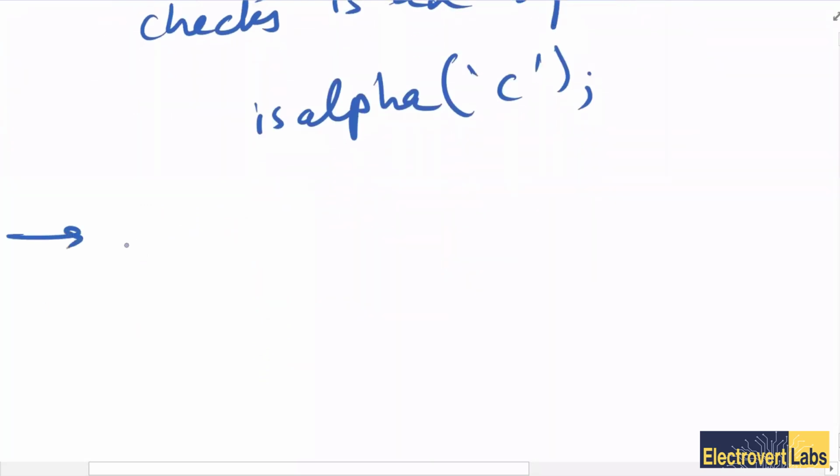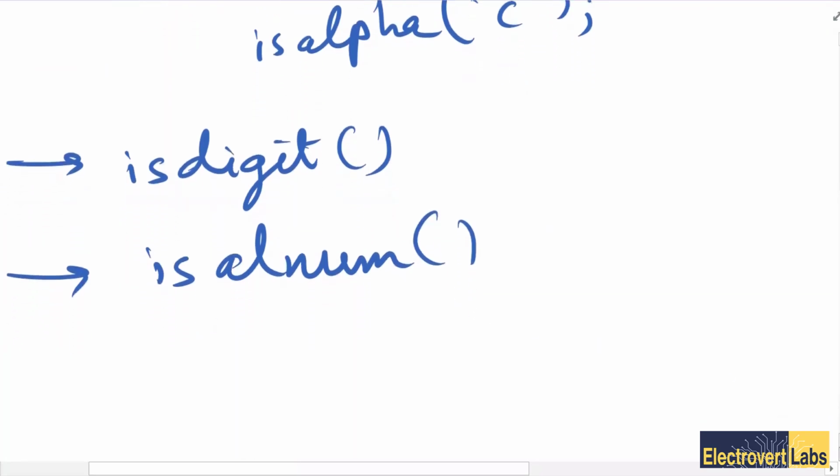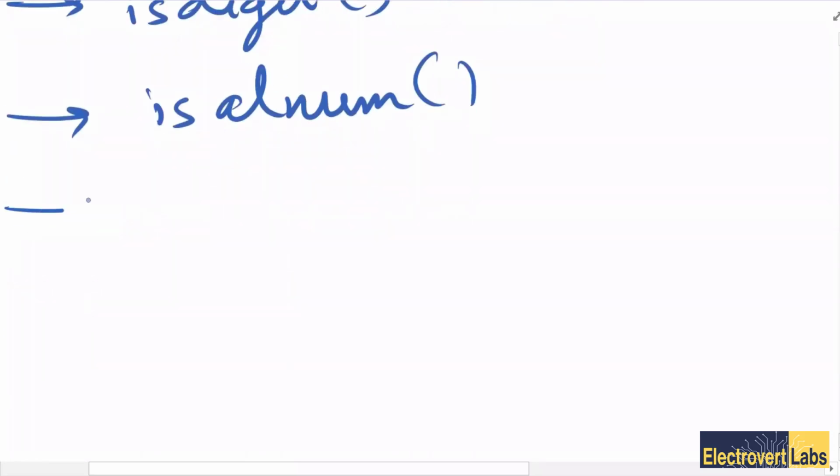Then there is a function called isdigit. It checks whether the character is a digit or not. Then there's a function called isalnum. Basically, is it alphanumeric? Whether it is an alphabet or number, that will be checked by this function. They're very similar functions, not difficult to remember.